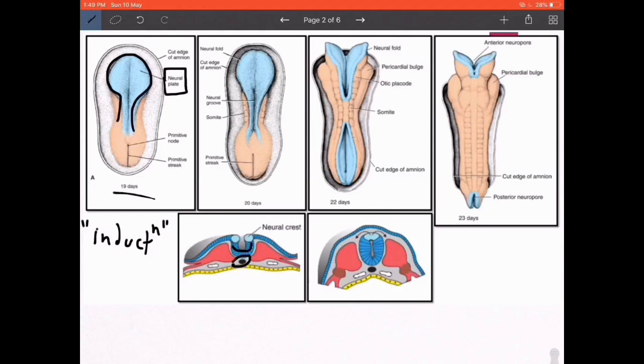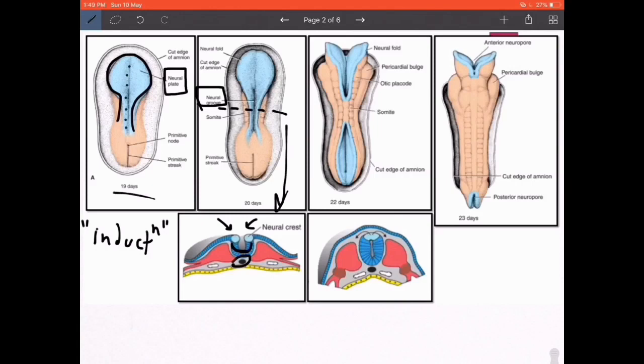Okay. Now you can also see a groove arising in the median plane, which is known as the neural groove. So now, if you look at a transverse section taken somewhere in this region, it's going to look like this. That's your notochord. And above that, this little U-shaped thing that is happening is actually the folding of the neural plate in the center to give rise to two bulging creases on either side.